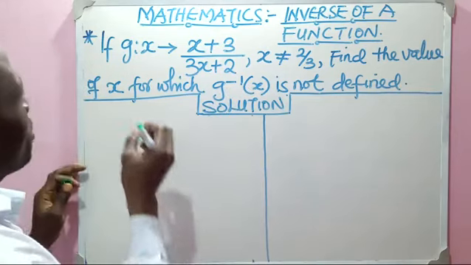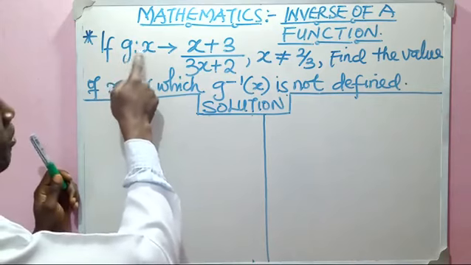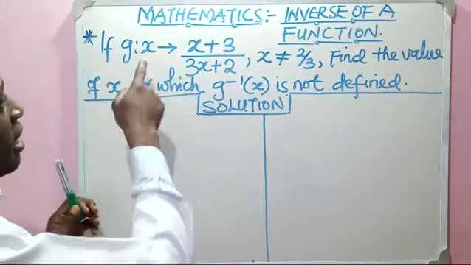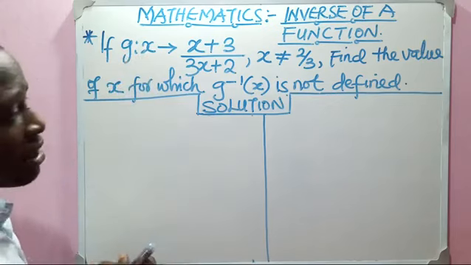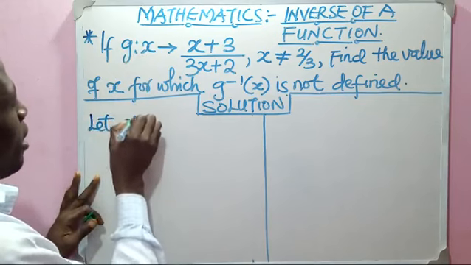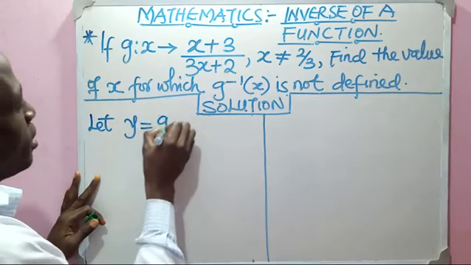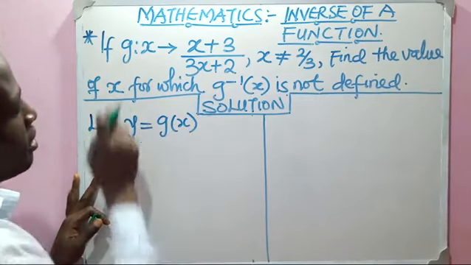Now, what I'm going to do, this g of x, I will use a different letter from g and x to represent it. I can now say let y equals g of x. This is another way we can write this.